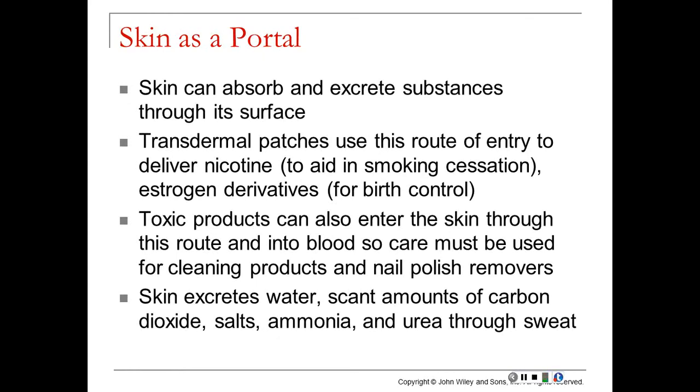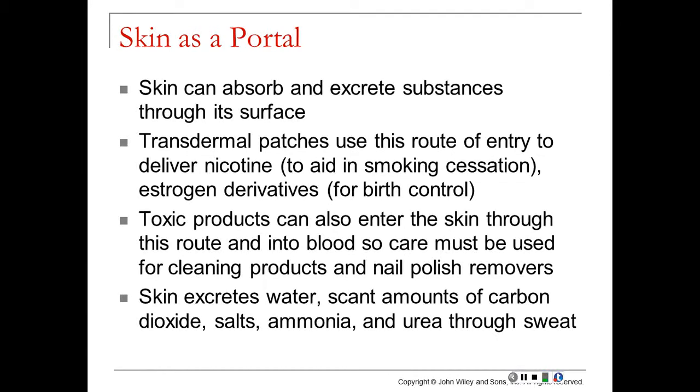Toxic products can also come into the skin, which is why you have to be careful when you're using particular cleaning products or nail polish removers, other types of toxins getting on the skin. You may notice some labels on some products will say, avoid contact with eyes or avoid contact with skin. That's because it's not just going to hurt your skin, but it can come into the body through your skin.